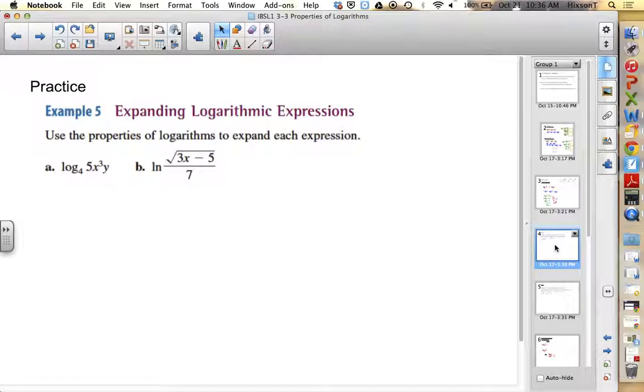Just to help you get started with b, what exponent is a square root? 1/2. Okay? Take a couple minutes. You're welcome to work with the person next to you, if you'd like. Just expand it. Yep.